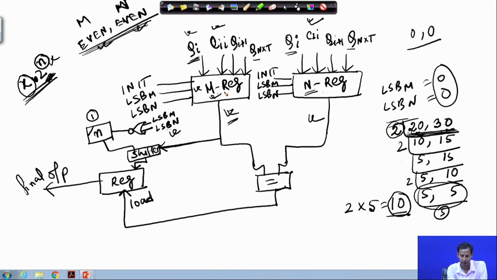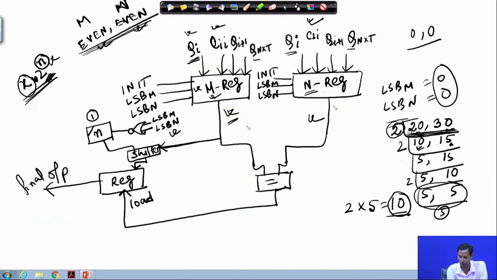In the next step, the newer value of m and n comes over here. The m value is even and the n value is odd.